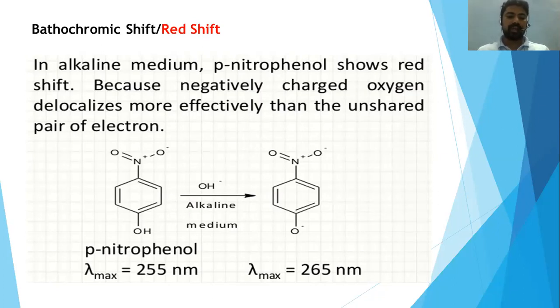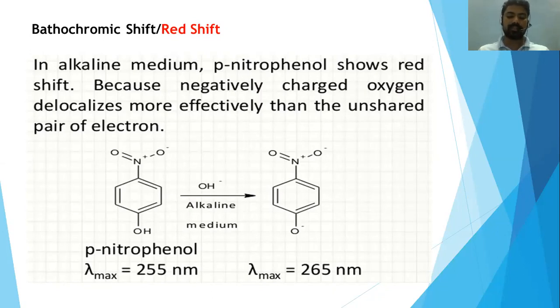Here, in the case of paranitrophenol, its absorption maximum, or absorption wavelength value, is 255 nanometers. When the compound is dissolved in alkaline medium, a base-containing medium, for example metal hydroxides, we get the para-nitrophenoxide ion, or the corresponding metal para-nitrophenoxide ion.